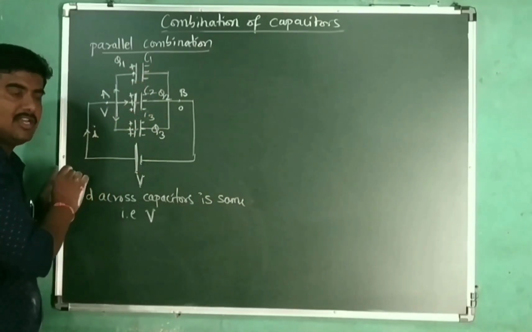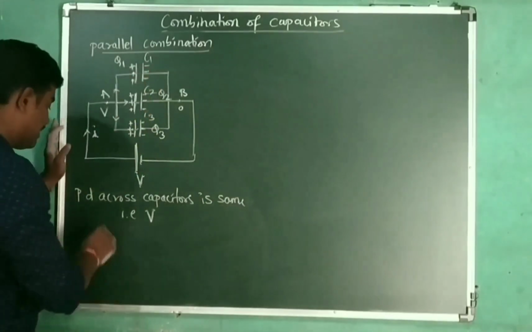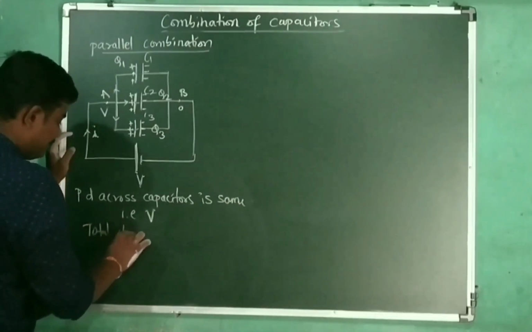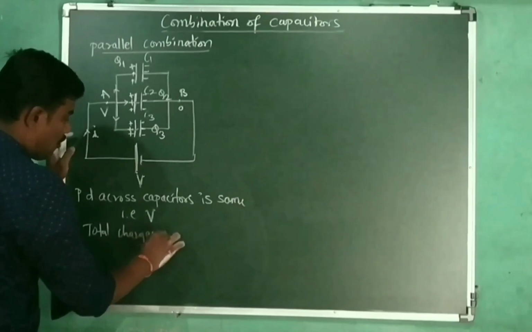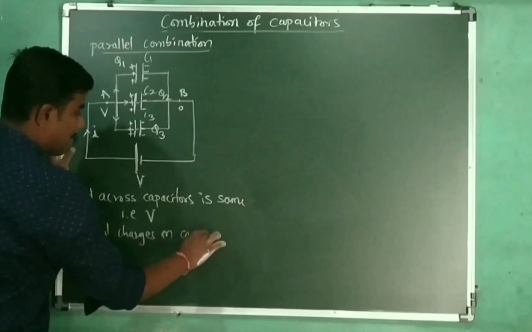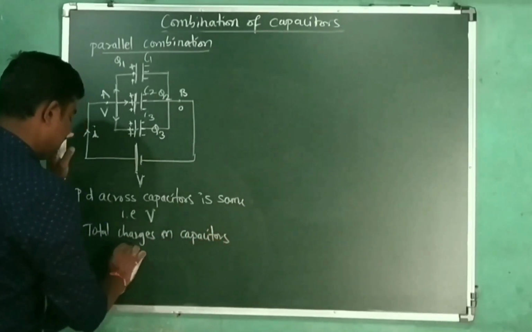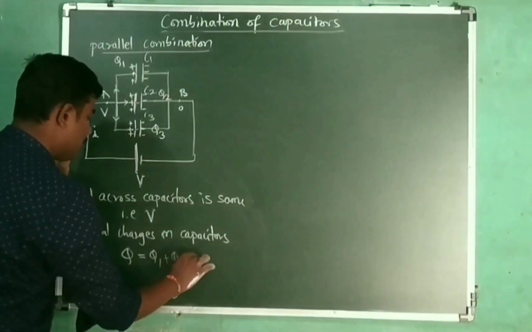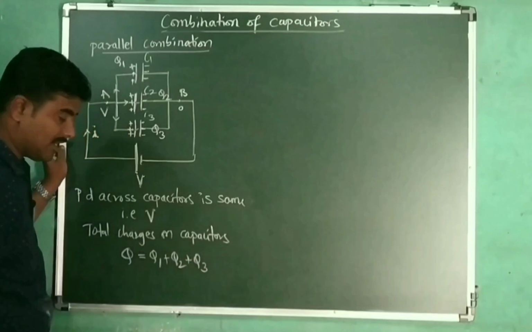The sum of the charges located on each capacitor, I can write as the total charges on capacitors, that is Q is equal to Q1 plus Q2 plus Q3, right.